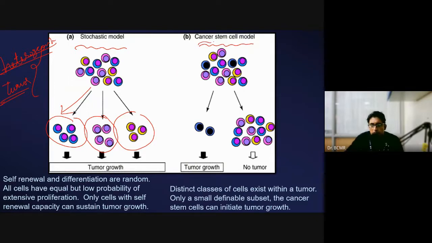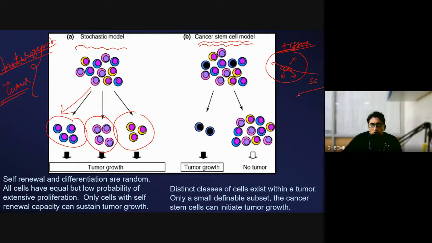Whereas in the cancer stem cell model, the idea is that the whole cancer is kind of a tissue, and we will also discuss tissue organization today, which will be useful in understanding the general architecture too. In the whole tissue, the tumor has some stem cells which keep on giving rise to other cell types.